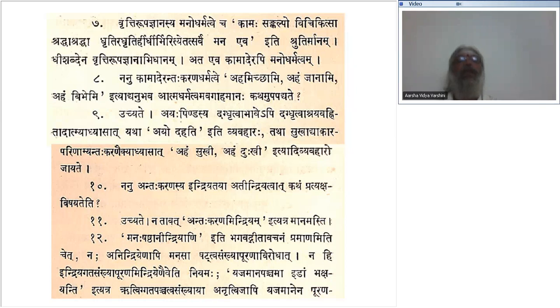Then hrihi, dhihi. Hrihi means shame. Then dhihi. We are actually interested only in this dhihi here. Then bhihi means fear. So all these things are nothing but mind only. Like this, the Shruti is saying. In this, we are particularly interested in the word dhi here. So that's what the author further says. Dhi shabdena vritti rupa jnana abhidhanam.